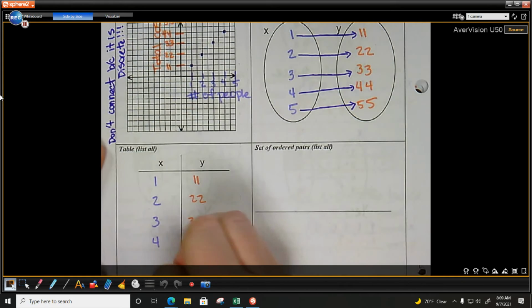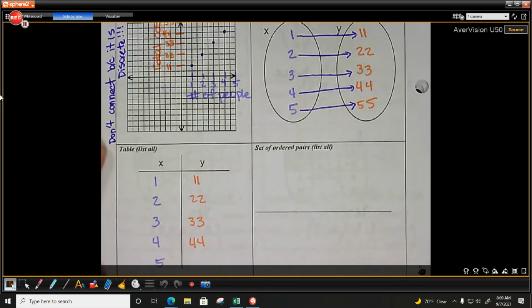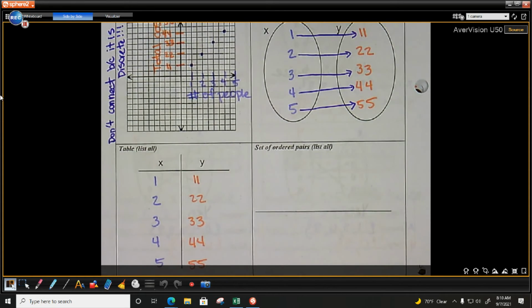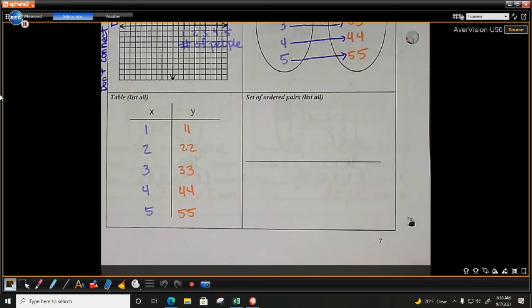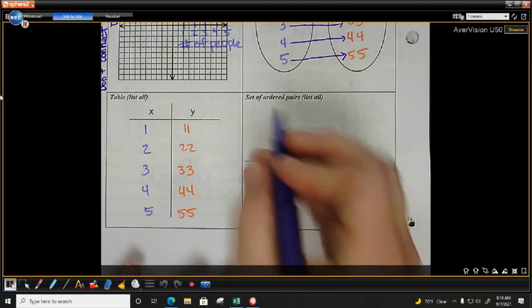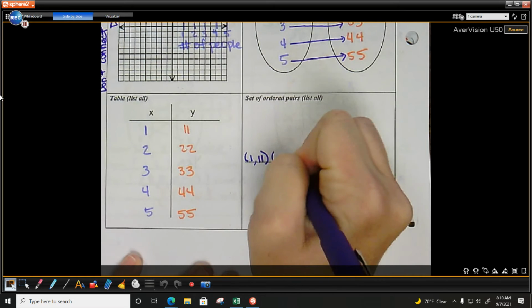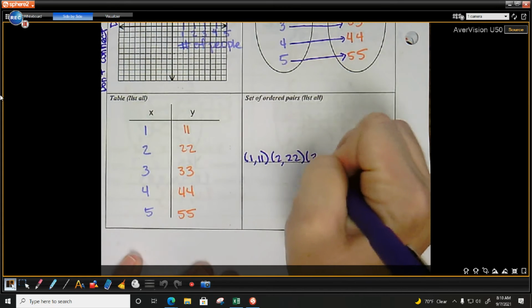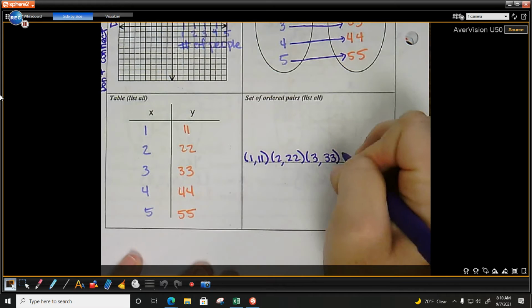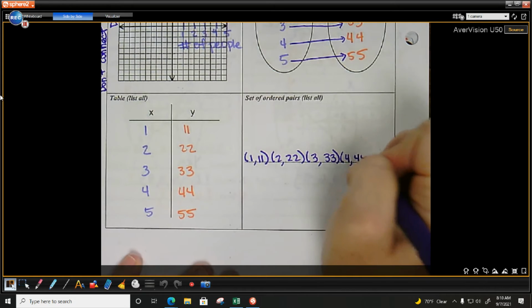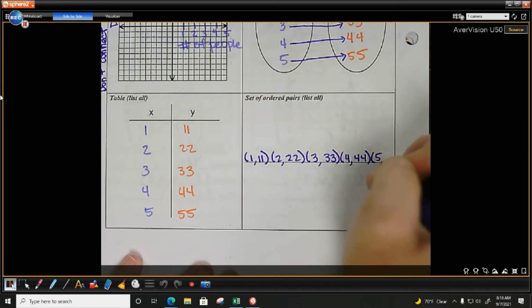And 5 people is $55. Okay, then we're going to write our ordered pairs. (1, 11), (2, 22), (3, 33), (4, 44), and (5, 55).